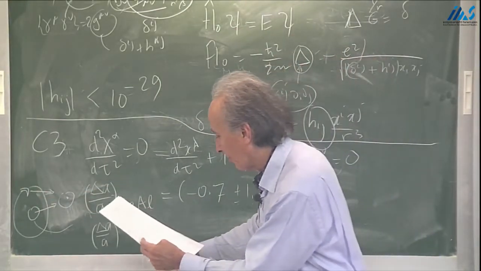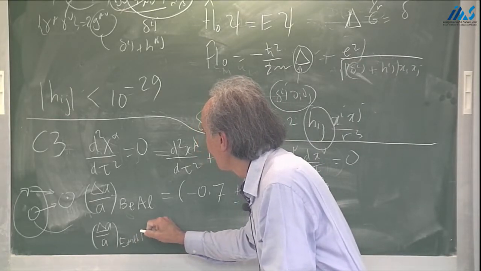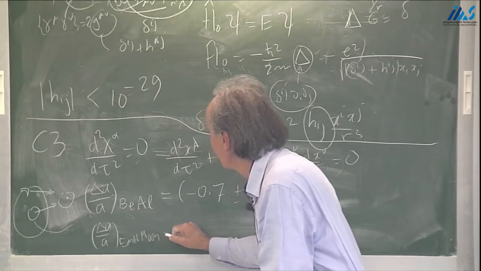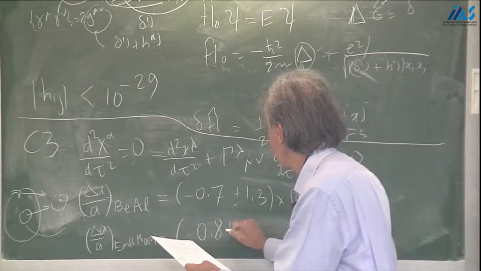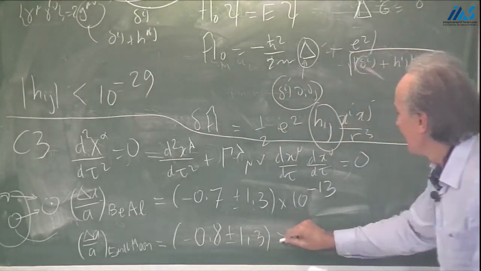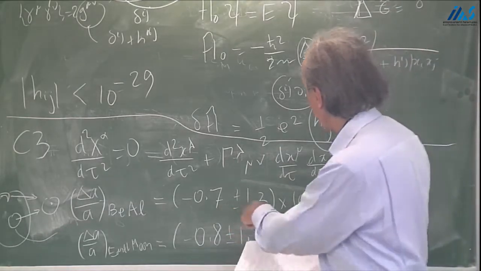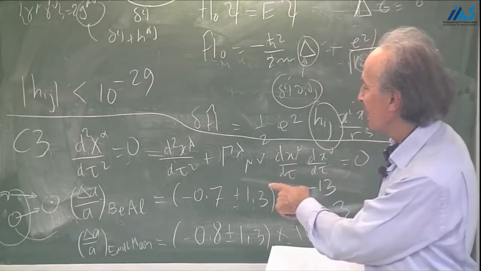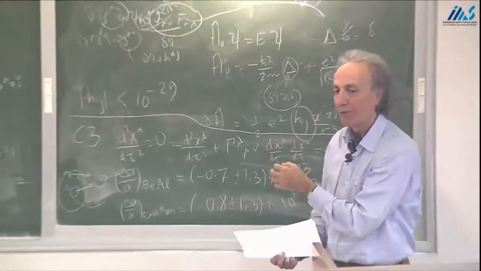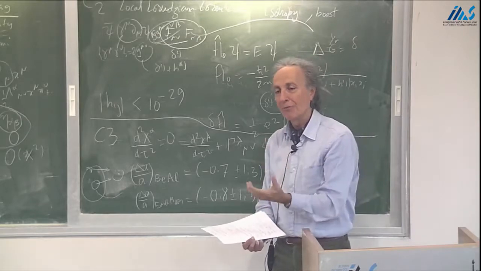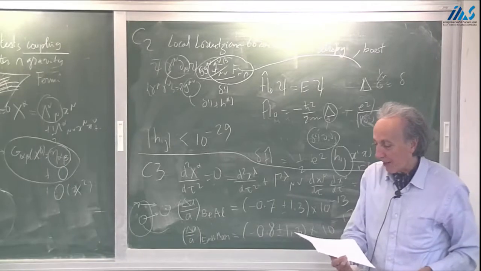The conclusion is that the fractional difference in the free fall acceleration of the Earth and the Moon towards the Sun is also of the order of 10 to the minus 13, plus or minus 1.3 times 10 to the minus 13. We will rediscuss this experiment later because it is a test not only of the coupling of matter to gravity, but it also contains a component about the self-coupling of gravity, the coupling to the self-gravity of the body.